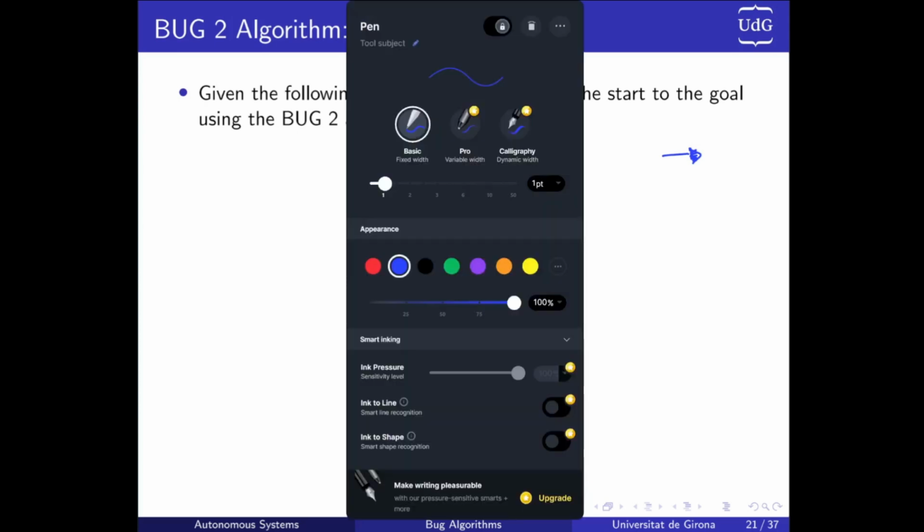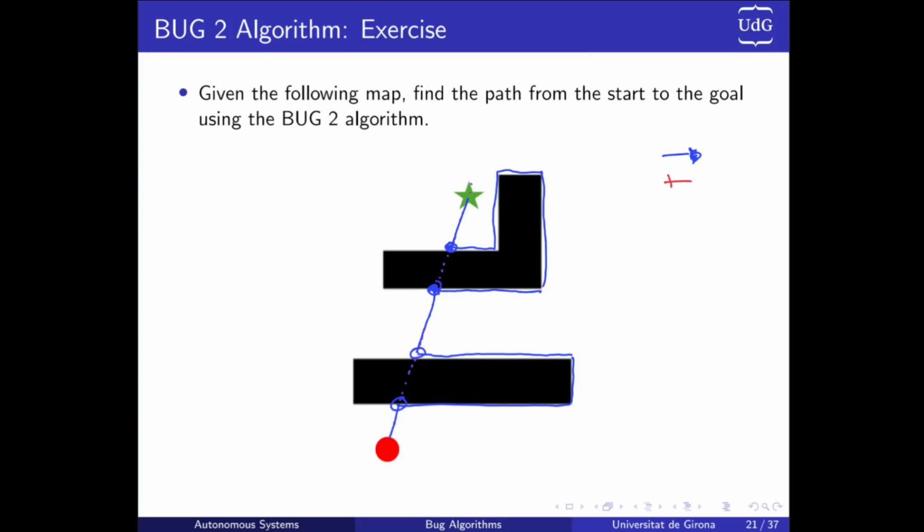Okay? What happens if instead of turning right, we turn left? Approximately the same. We reach the same exact point. We store that as a hit point. We follow the obstacle until reaching again the M line, because the distance from this new point to the goal is smaller than the previous one, and then we just move towards the goal, then we move to the other side.